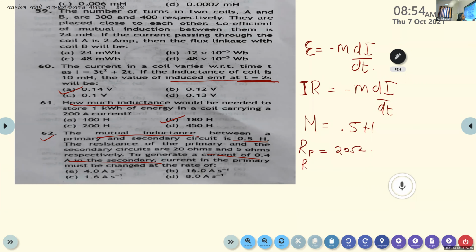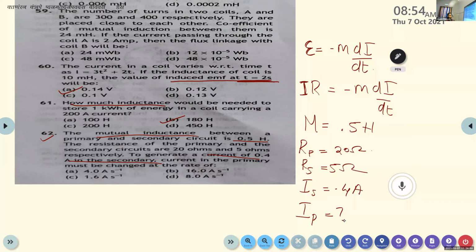The resistance of the secondary circuit RS is equal to 5 ohm. To generate a current of 0.4 ampere in the secondary, that is, the current in the secondary is 0.4 ampere, we want to find out what will be the rate of change of current in the primary coil, IP.